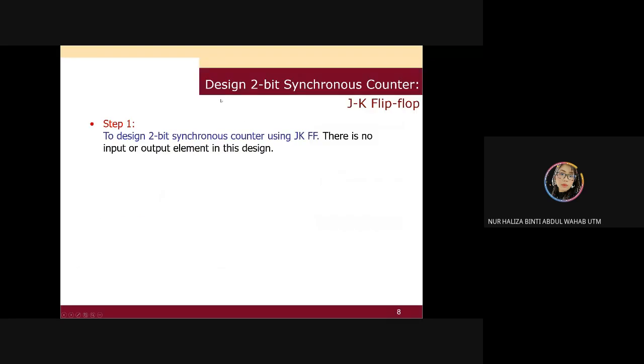Okay, now we have designed a 2-bit synchronous counter from the other section, because they already finished these things. Last time they asked me, Doctor, last time in the question it states whether it is counting up or counting down.